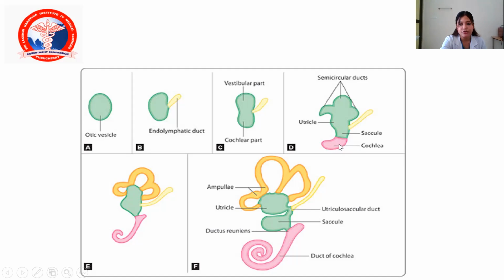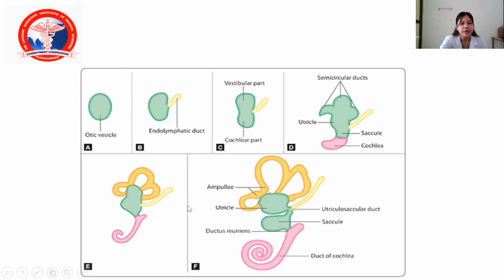In this image, you can see this pink color, that is the cochlear duct, and it elongates from the saccule. A tubular diverticulum will develop. After that, it elongates. In this image, you can see that the cochlear duct has been developed.